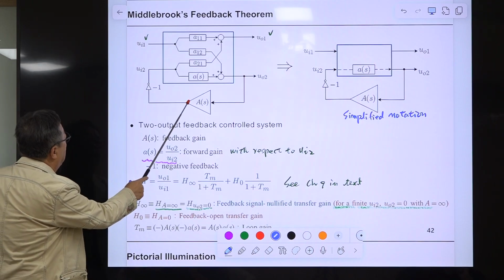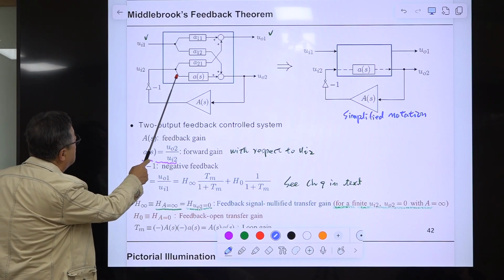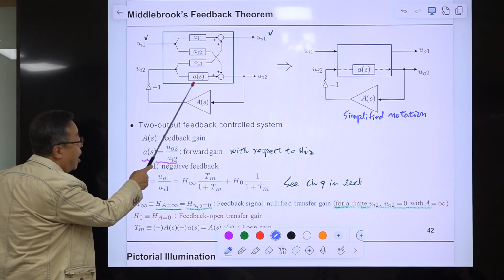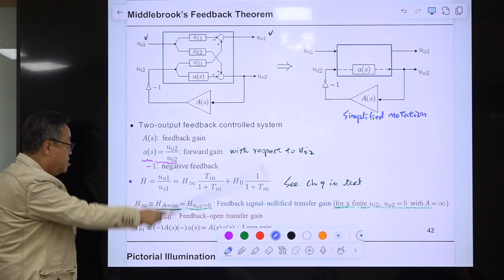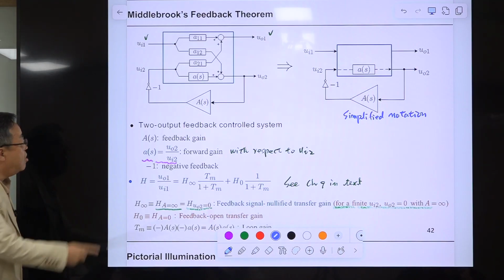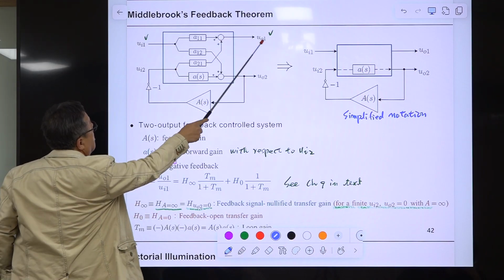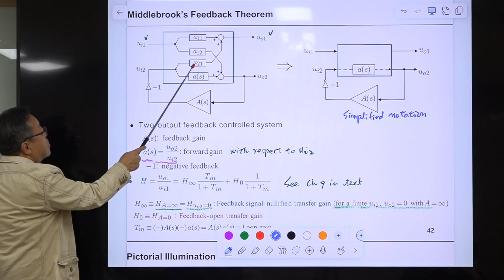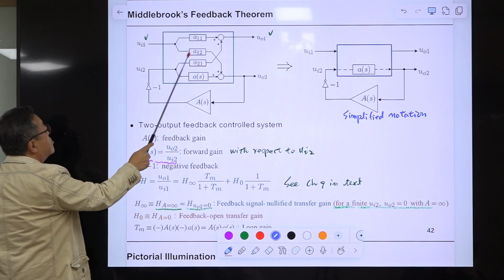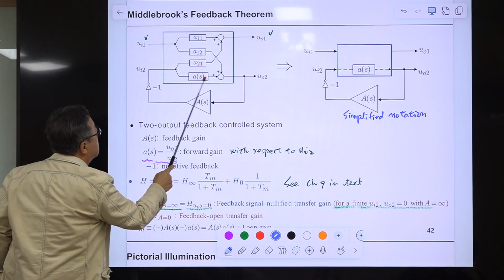From the output of the feedback, this is the feedback signal, it goes directly to the output through this AS. So this is called the forward term. It goes to the other output with some gain. It goes both ways, but we are interested in this one more.